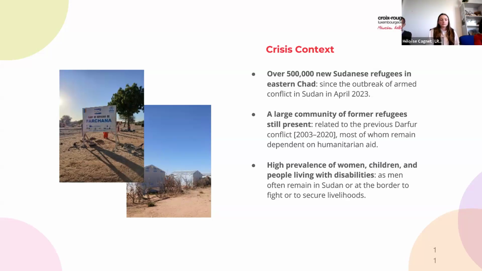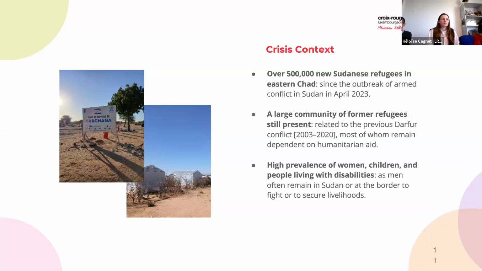Another point that is also important to mention, and that we also took into consideration in this research/innovation project, was that we needed to find a solution that was tailored not only for the context, but also to the specific population of refugees we were facing.